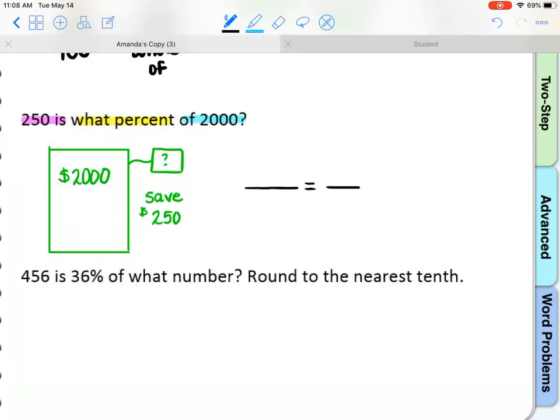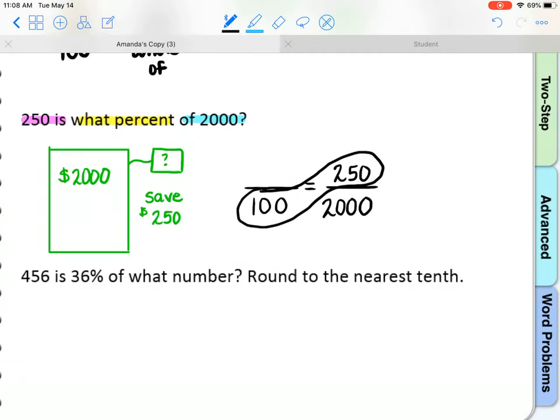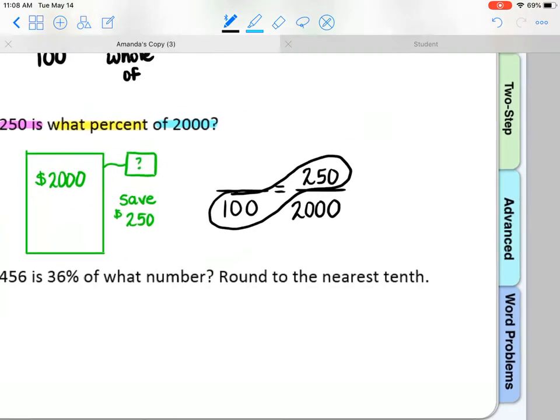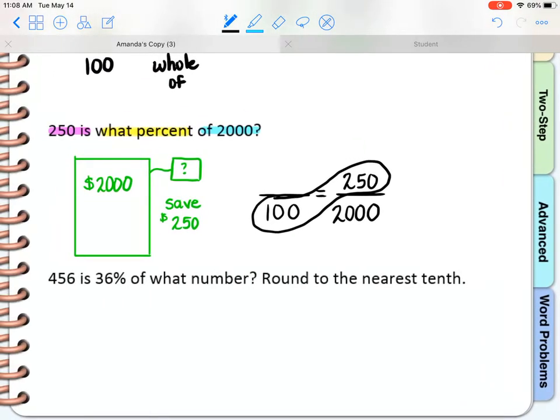So I have percent over 100. We don't know the percent, but we know the part, and we know the cost of that whole refrigerator. Okay, so now I can draw the peanut, and it's going to go this way this time. That's okay. And hopefully you remember that you always, always, always multiply peanuts.